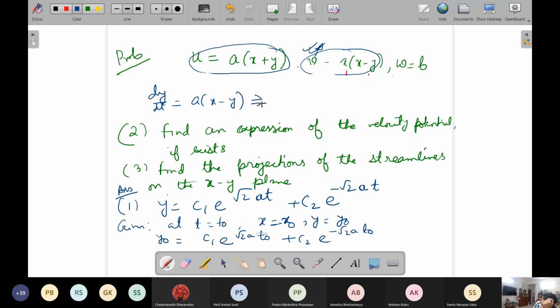So dy dt is c1 root 2A e to the power root 2A t minus c2 root 2A e to the power minus root 2A t. Okay. So this is dy dt. This is equal to A into x minus y.